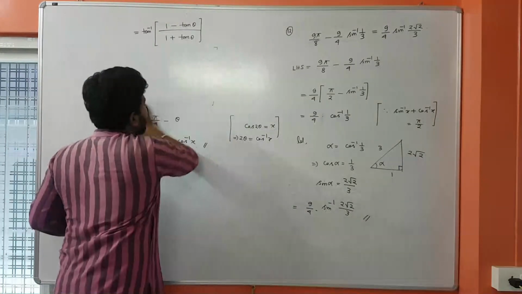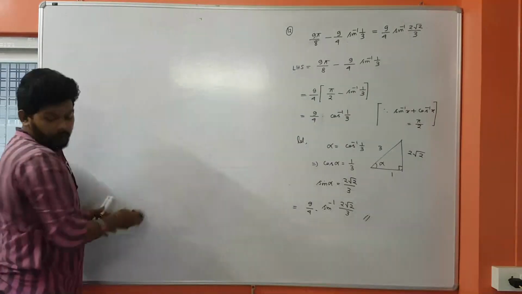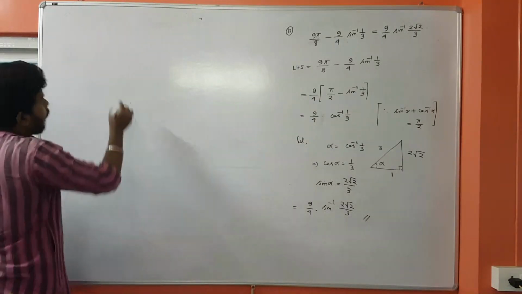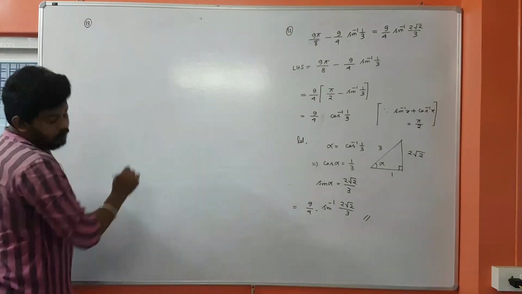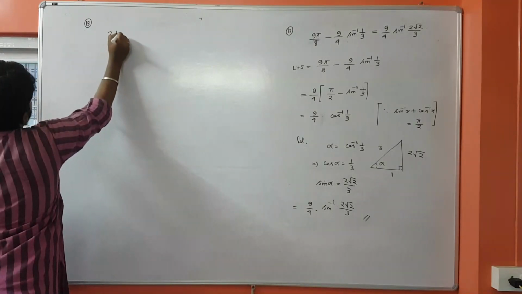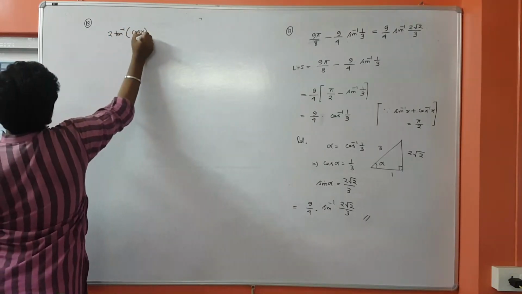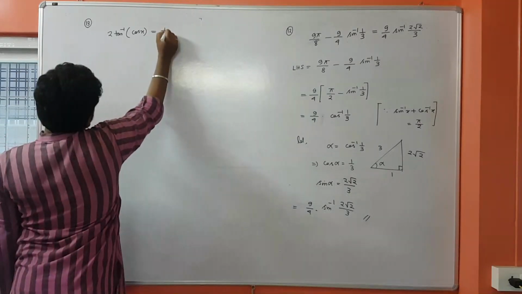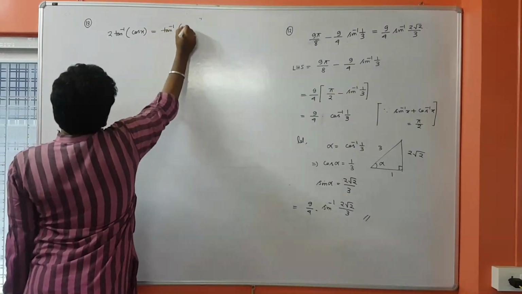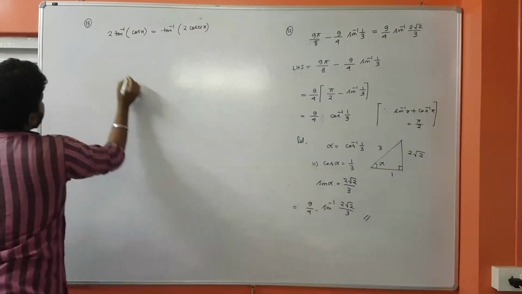Now, solve the following. Number 13. Find the value of x. Twice tan inverse of cos x is equal to tan inverse of twice cosec x.